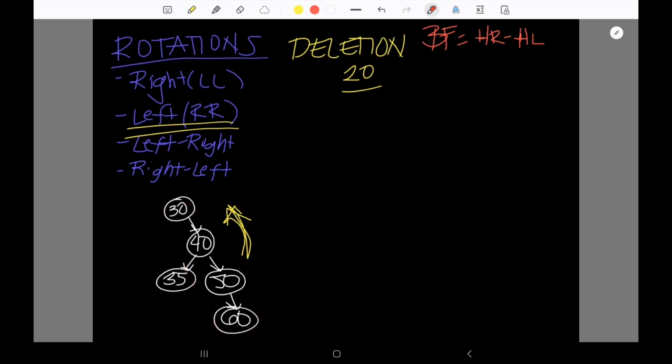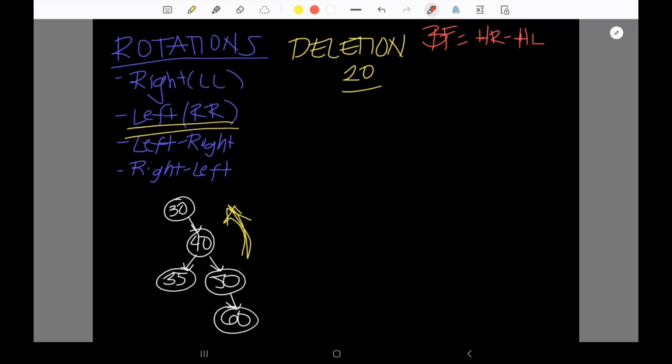And now the balance factor of the right is 3 minus 0. So the balance factor is 3, which is clearly not an AVL tree. So now we're going to find the new root. First, we start at the bottom.